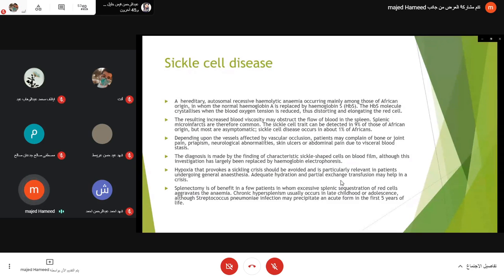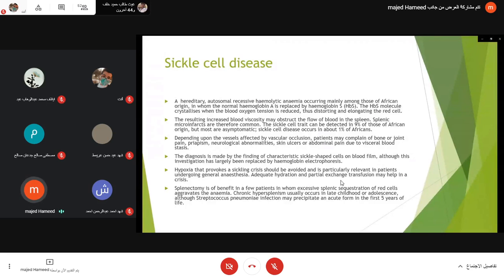The sickle cell trait can be detected in 90% of those of African origin, but most are asymptomatic. Sickle cell disease occurs in about 1% of Africans. Depending upon the vessels affected by vascular occlusion, patients may complain of bone pain, joint pain, priapism, neurological abnormalities, skin ulcer, or abdominal pain due to visceral blood stasis.